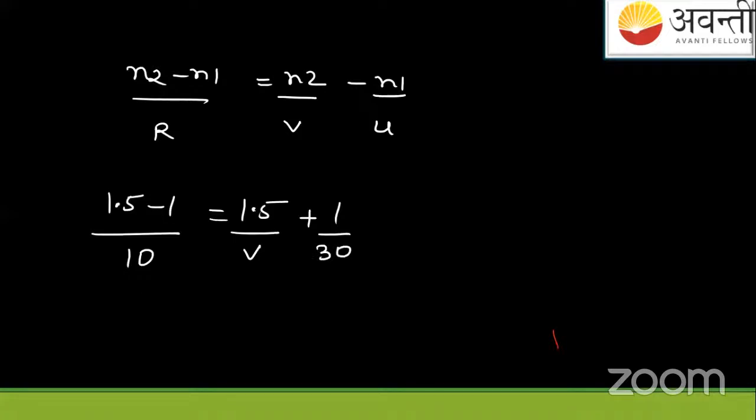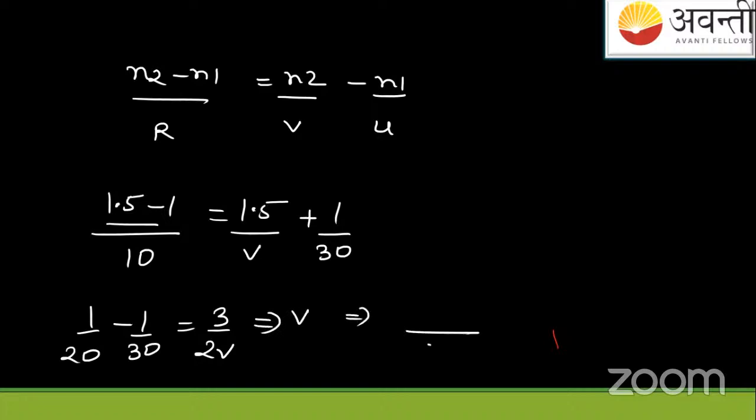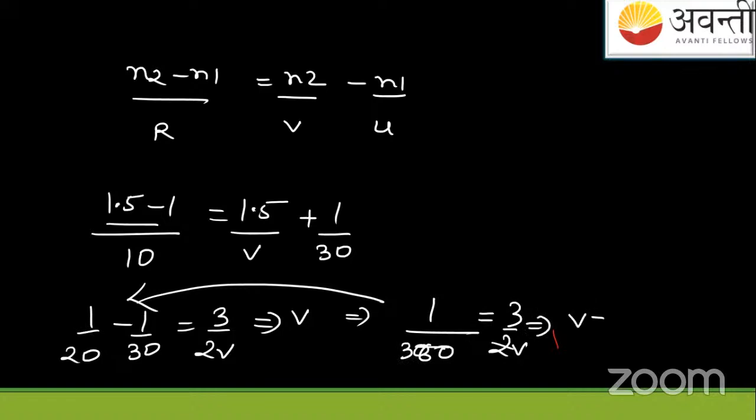Plus, done. This will be 1 by 20. This will be minus 1 by 30. This will be 3 by 2V. From this, you will get the V value. If you solve it, the leftmost side will give you 1 by 60, equals 3 by 2V. This will give you the answer V equals 90 centimeters.